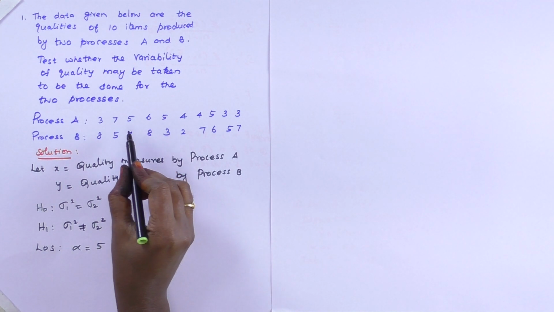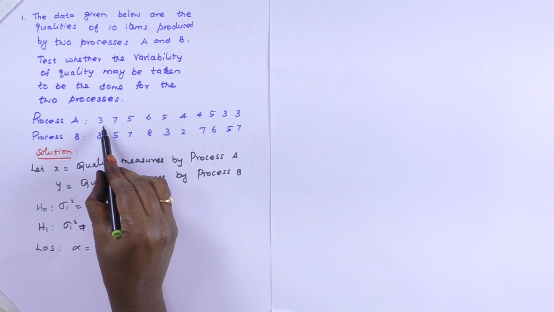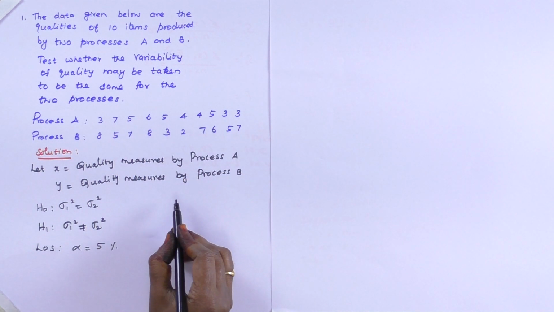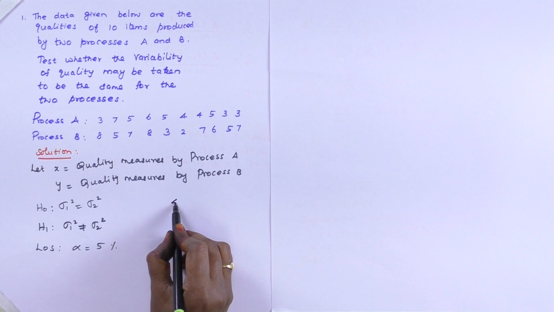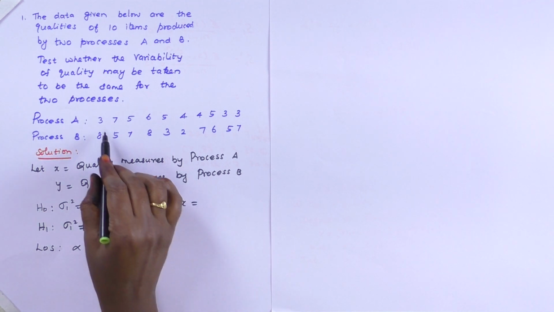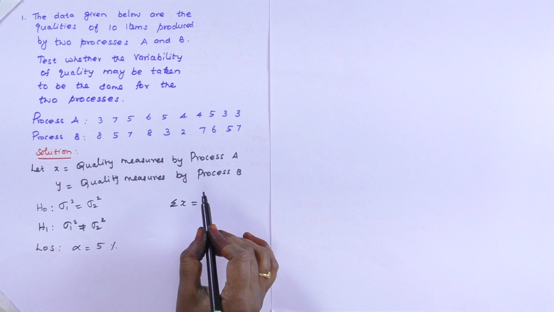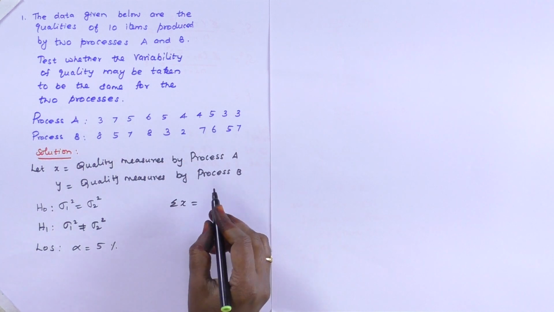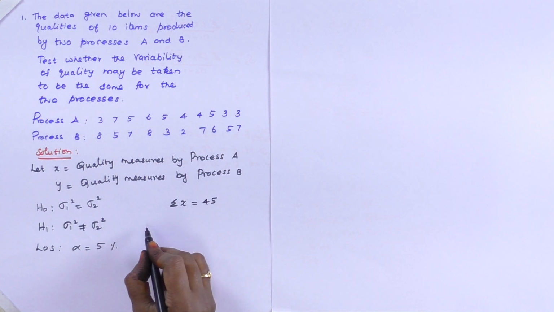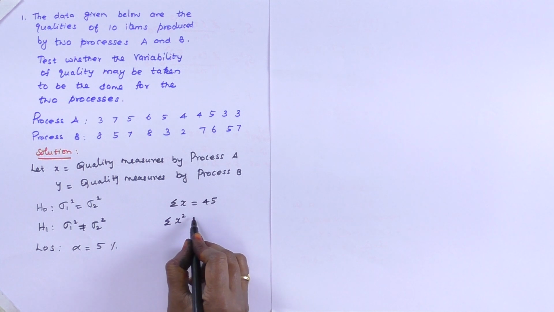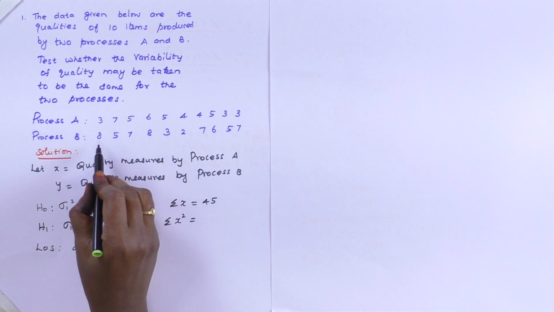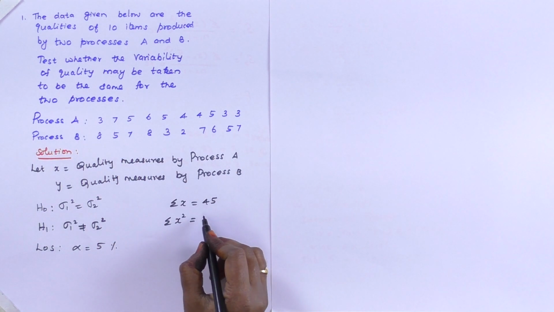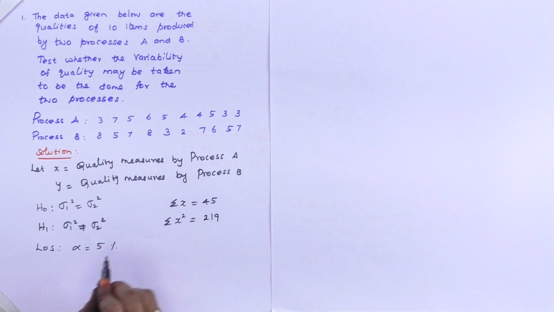Here we want to calculate from the 10 data given. Sum of x, that is the sum of the quality measures by process A, is 45, and sum of x square, taking the square of each term and then adding all, we get 219.